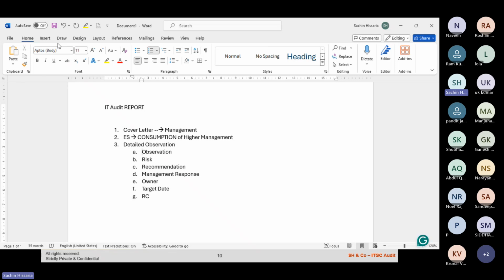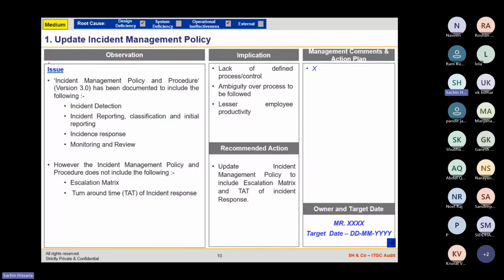And each detailed observation will have a heading, like an observation heading. And then there would be some risk, or observation severity. Okay, we have to rate each and every observation. So all those things will be included in the detailed observation para.